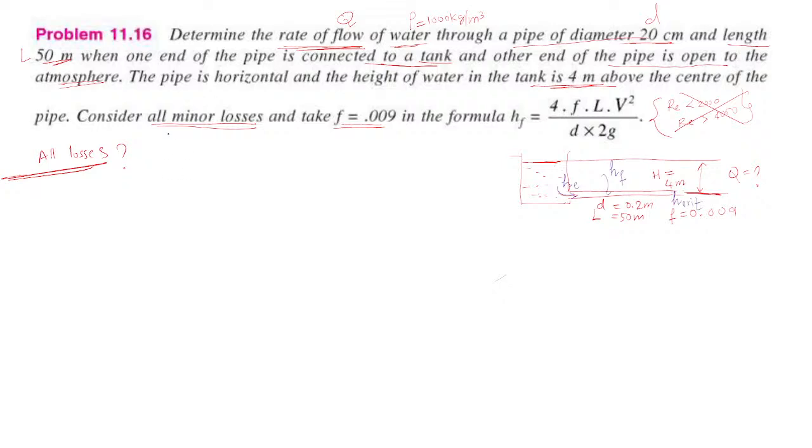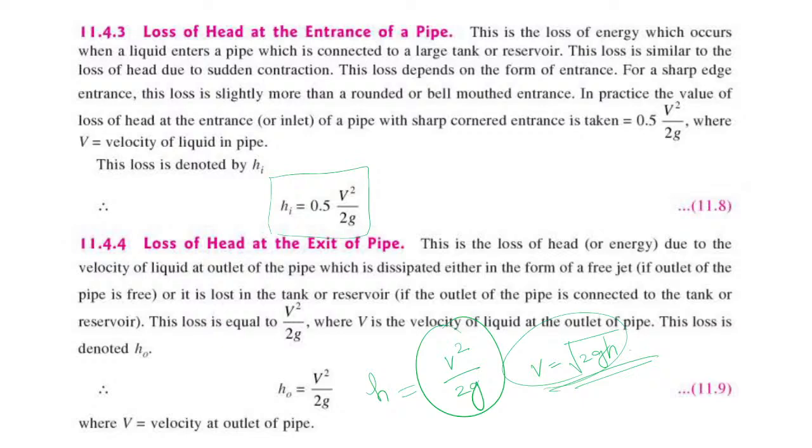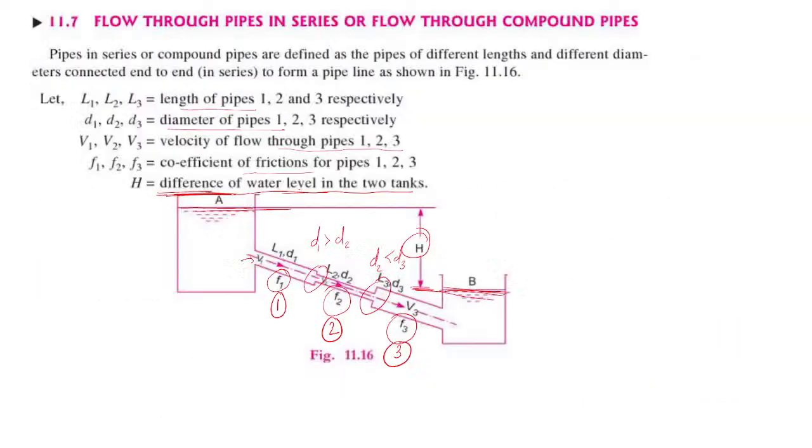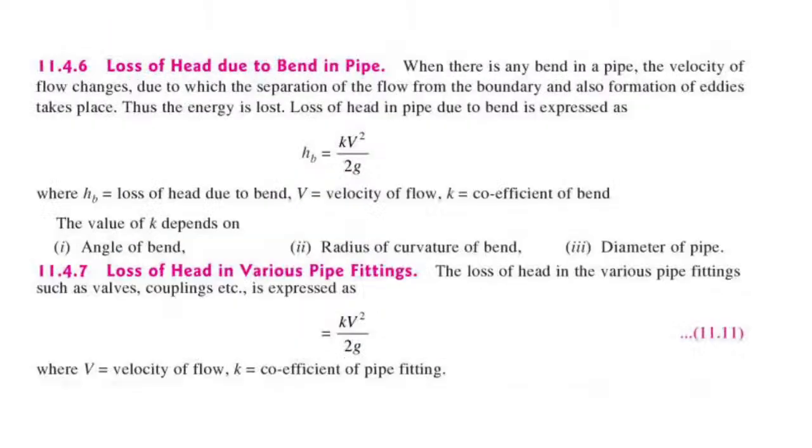Now let me give you the procedure. The sum of all head losses is the sum of all the losses: entrance, friction and exit. Now what is the formula for entrance? Entrance is 0.5 V square by 2g, exit is V square by 2g.